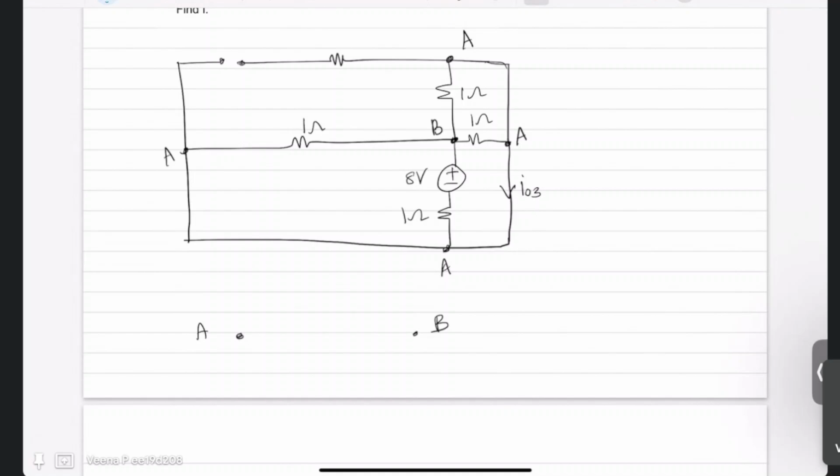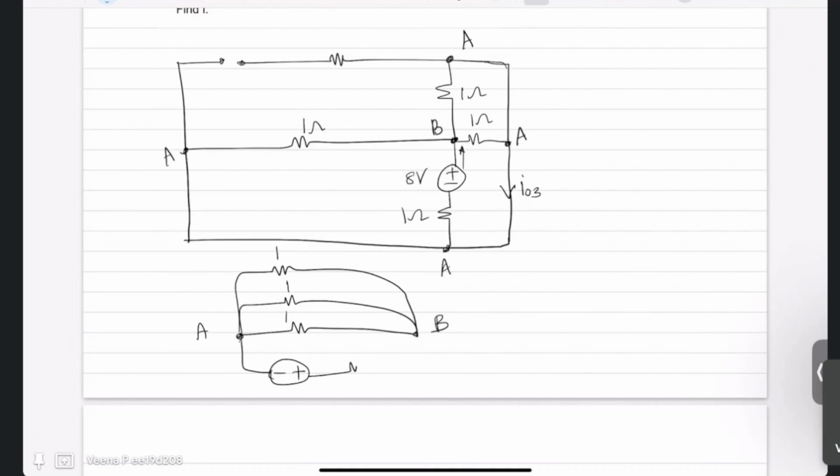So in between A and B, there are three 1 ohm resistances, and another 8 volt source where the positive is at B, and there is another resistor of 1. So this is the equivalent circuit.